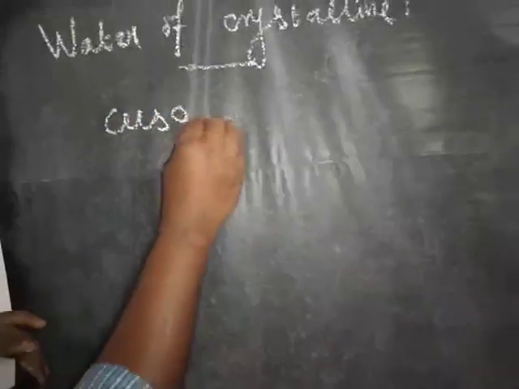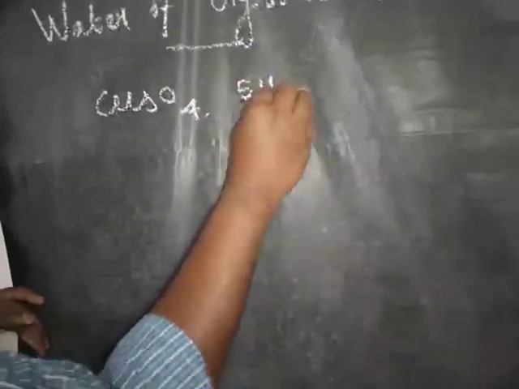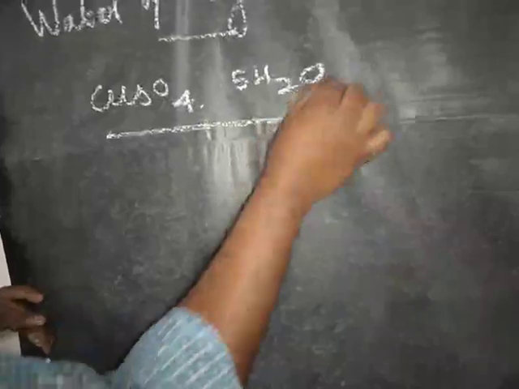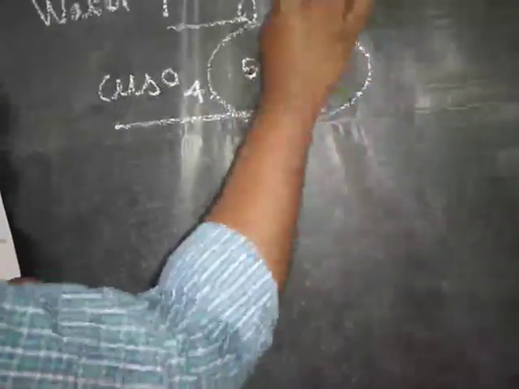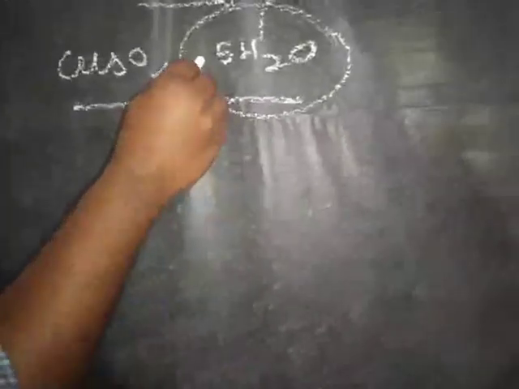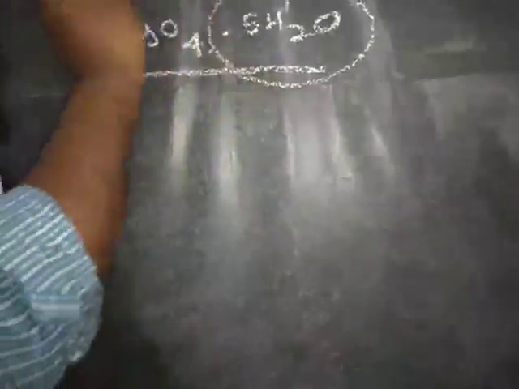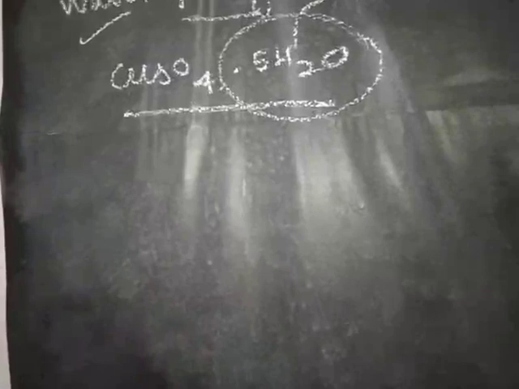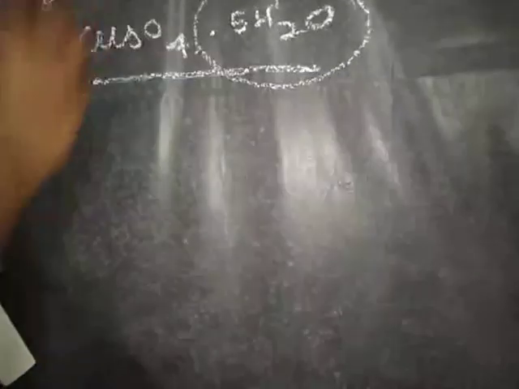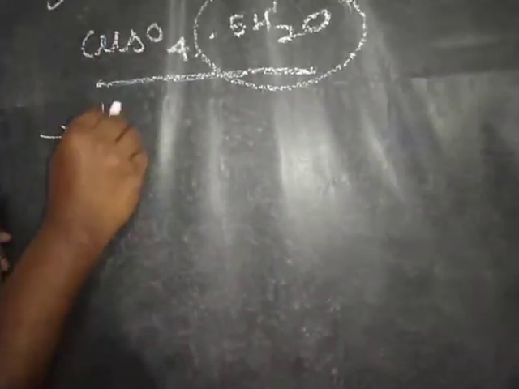These water molecules are known as water of crystallization. For example, copper sulfate contains 5 water molecules. Here the water of crystallization is 5. How many water molecules are associated with copper sulfate? That indicates the water of crystallization.